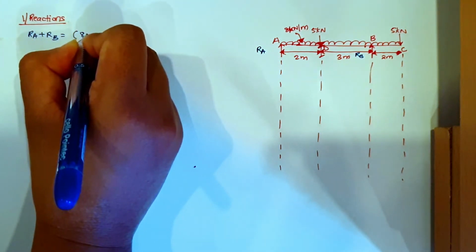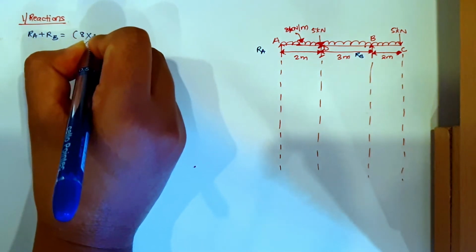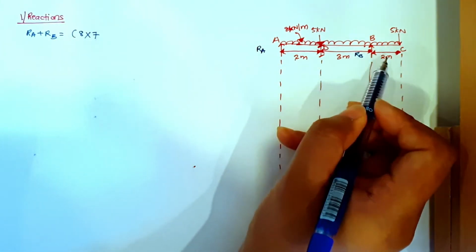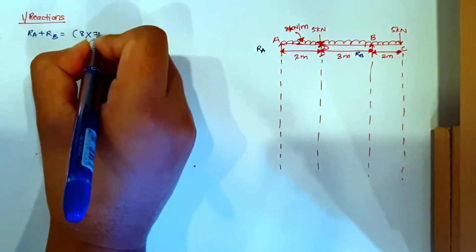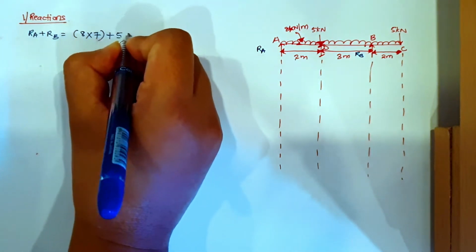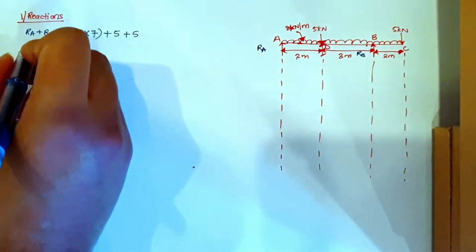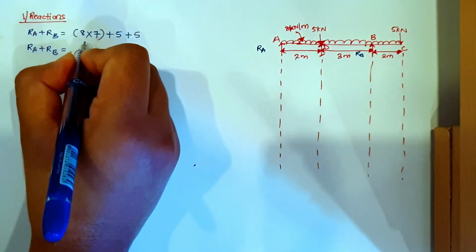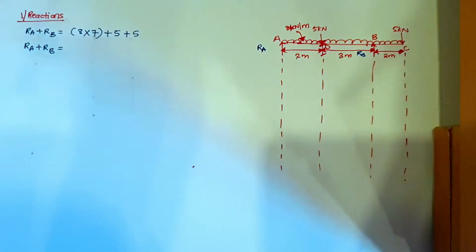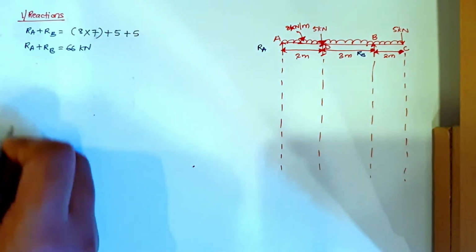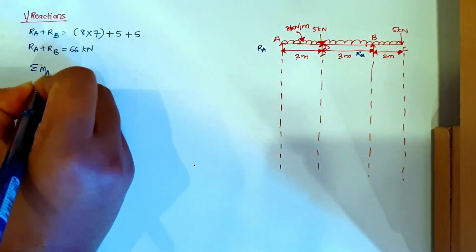For the total load on the beam we have 8 kN per meter load acting for a distance of 2 plus 3 is 5, plus 2 is 7, so 7 meters, plus a 5 kN point load plus another 5 kN point load at point C. So this will give you RA plus RB equal to 66 kilonewton.